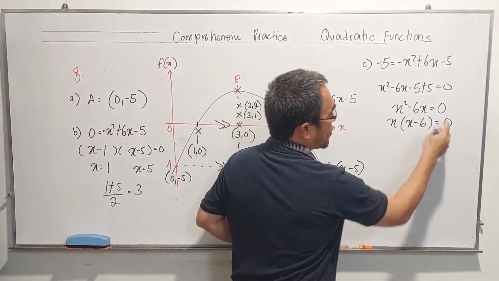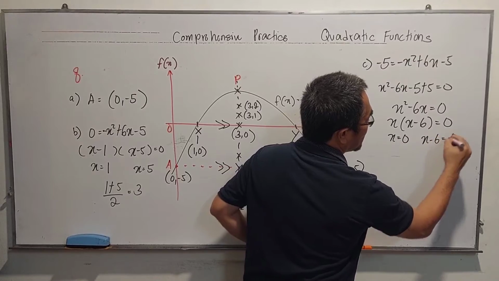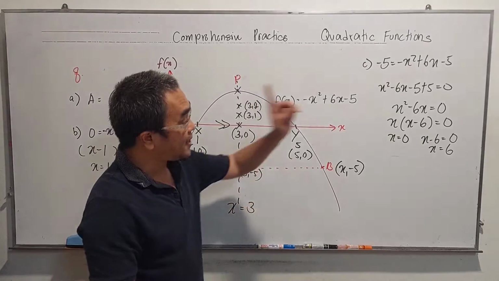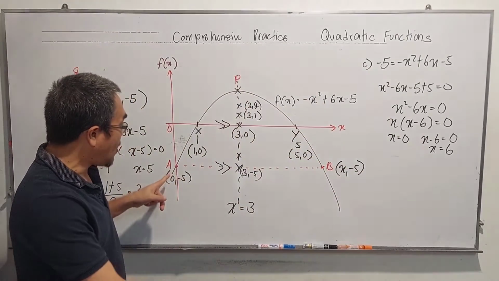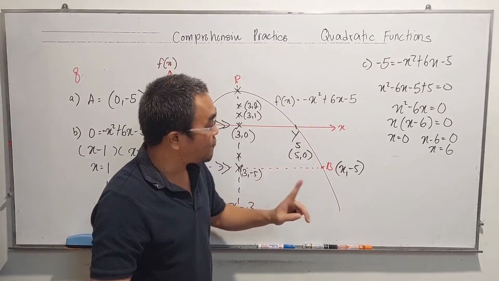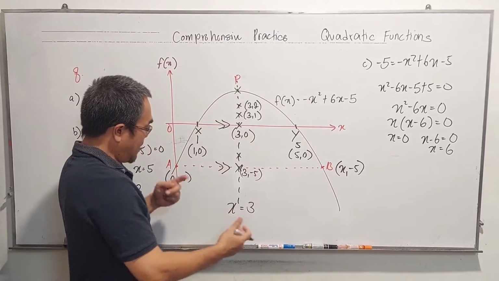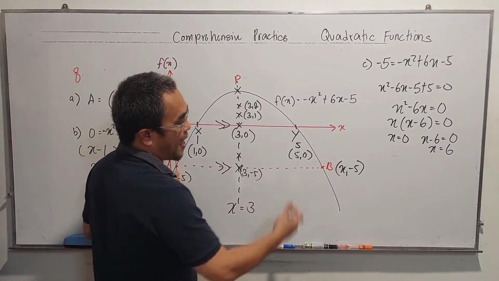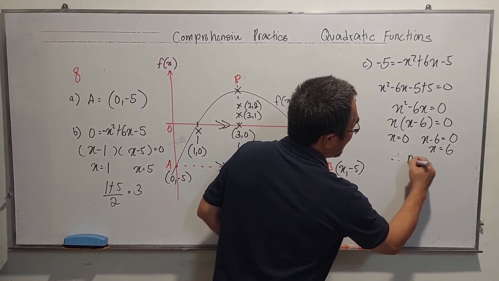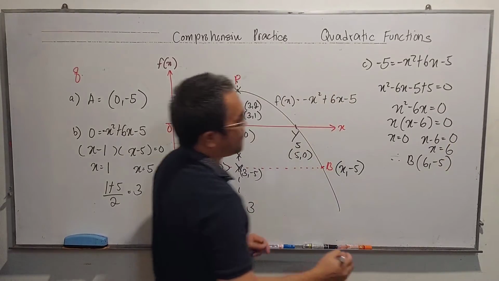So first x equals 0, and then x minus 6 equals 0, so x equals 6. So x equals 0 is actually the x coordinate for A. So the x coordinate for B will be 6. Use your logic: the lesser one will be on the left, the larger one on the right. Therefore B is 6, -5.